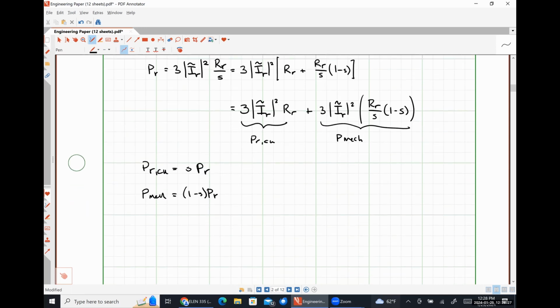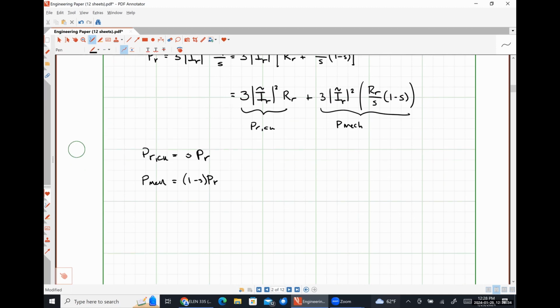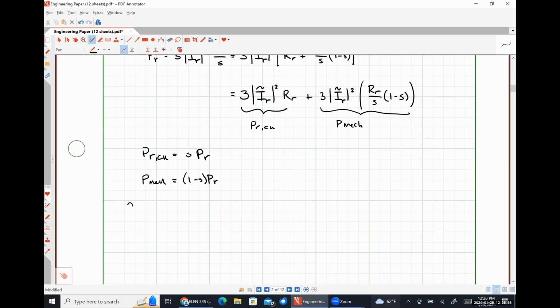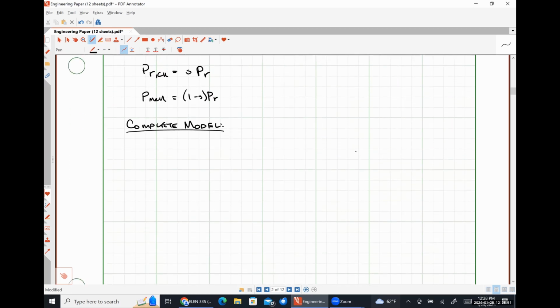So taking this into account, our total or complete model is going to look like this, where I am referring everything to the stator side of the device. Okay.